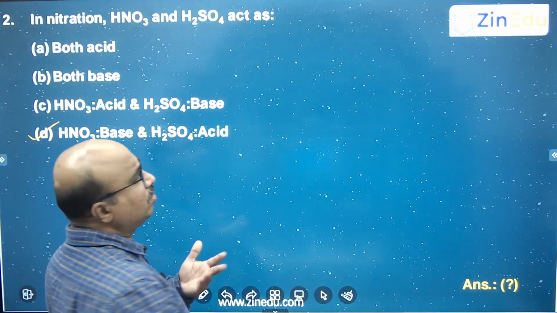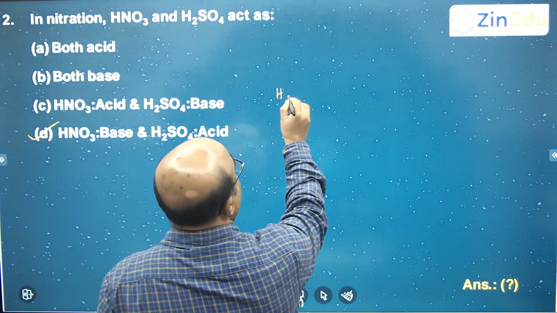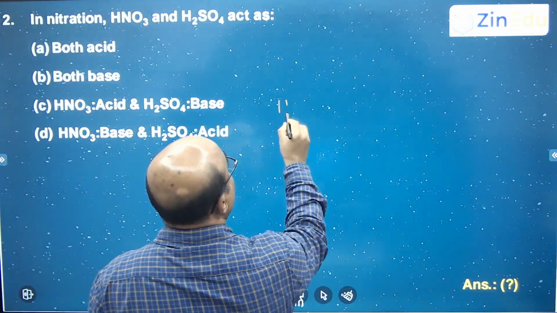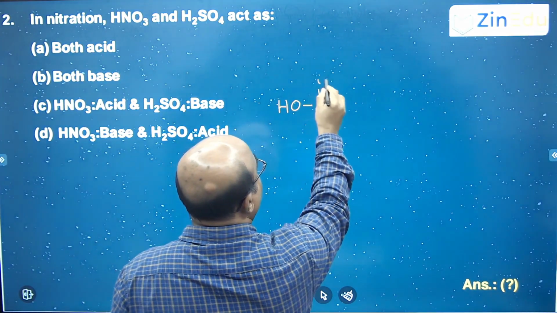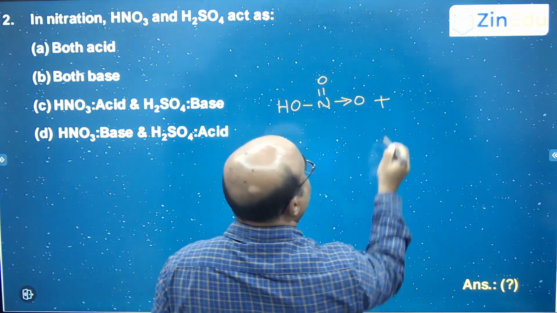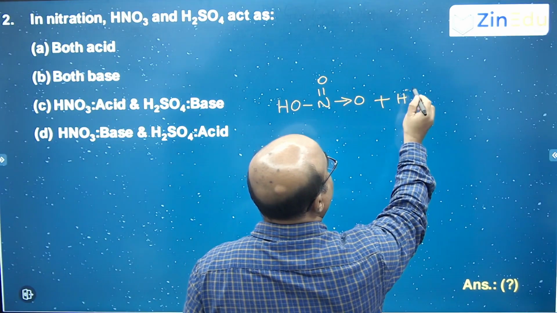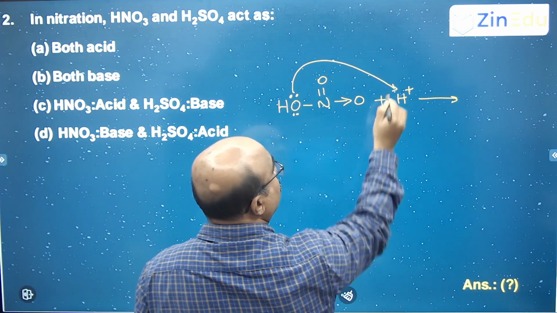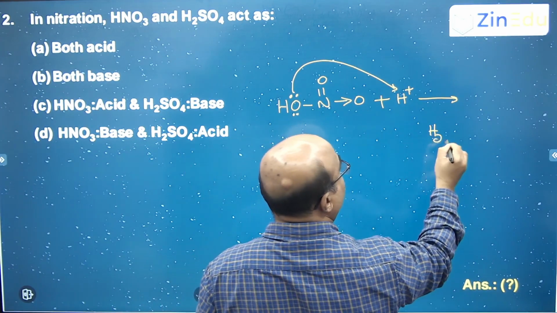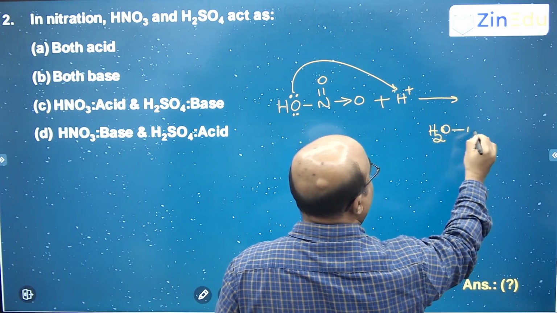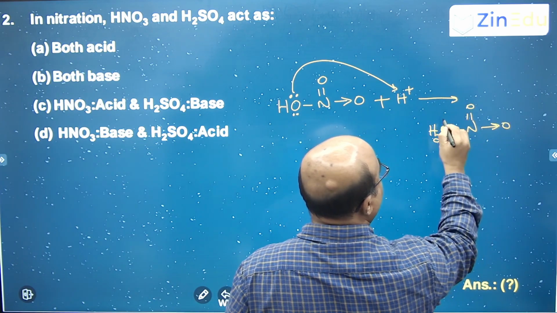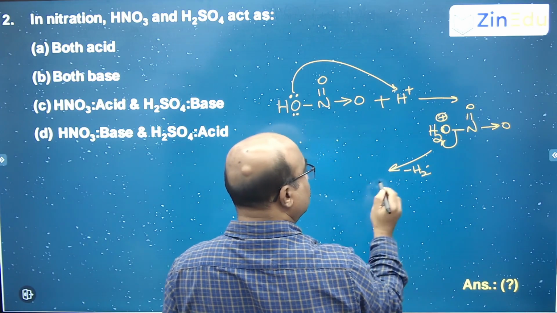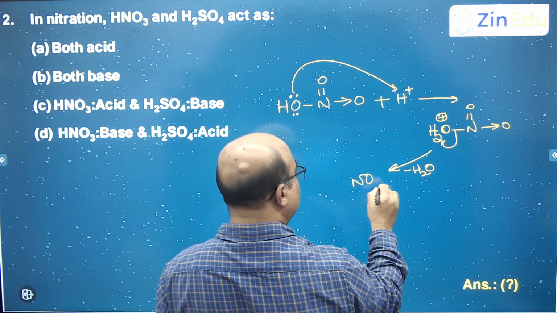Suppose we see the mechanism also. HNO3, with OH, double bond O, negative O. H plus is coming from the H2SO4, then the lone pair of this will take that, then it forms H2O and double bond O, negative bonded O plus, and there is a loss of H2O, so that we will see the generation of NO2 plus, the electrophile.